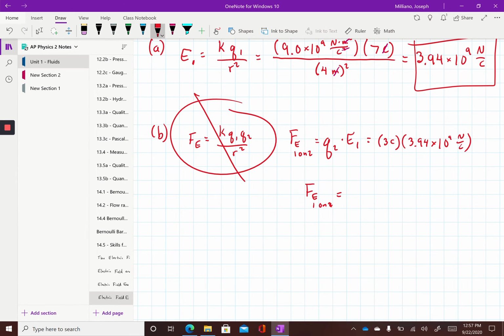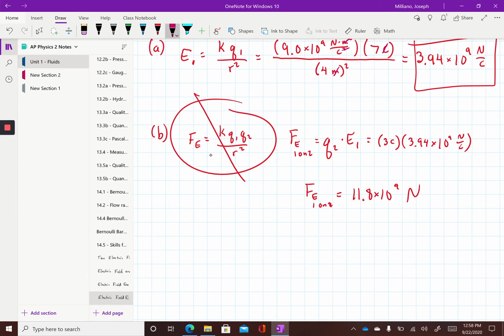Its magnitude, therefore, is 11.8 times 10 to the 9th. So 11.8, what would that be? Billion? A very large force. And this would just be newtons because it's the force.